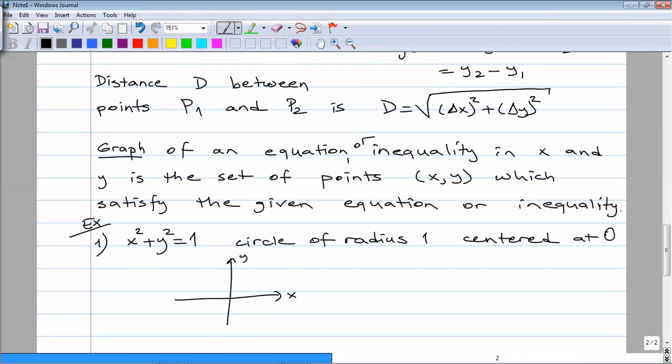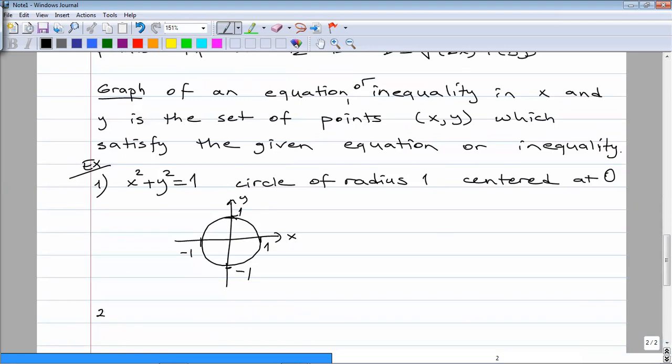I'm very bad at drawing, you will see. So suppose this is a circle. Okay, so this is 1, 1, minus 1, minus 1.